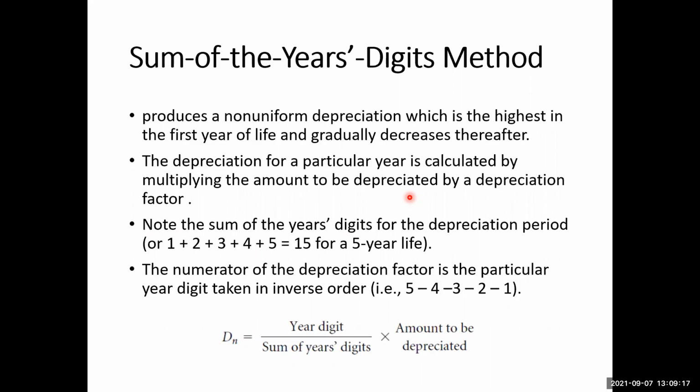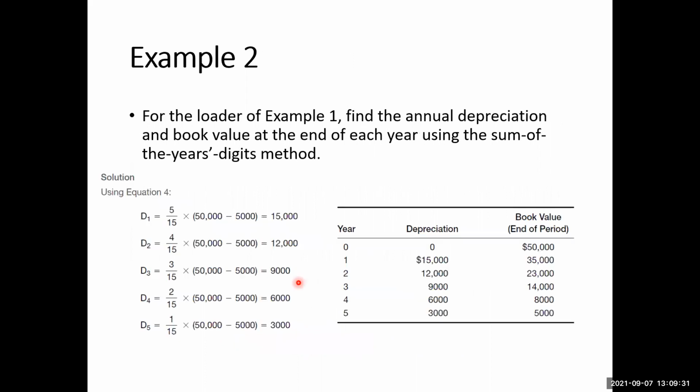The sum of the years digits method uses this formula. The application of this formula is quite simple, so let's see it with the help of an example. Consider the same equipment as we used in example 1.